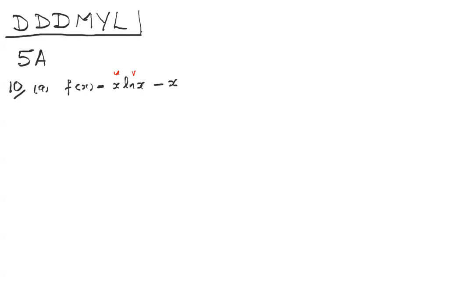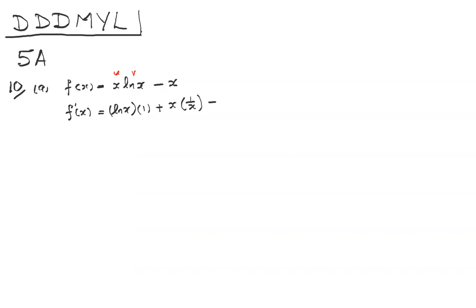So your f prime x equals v u prime plus u v prime. Take away this one.